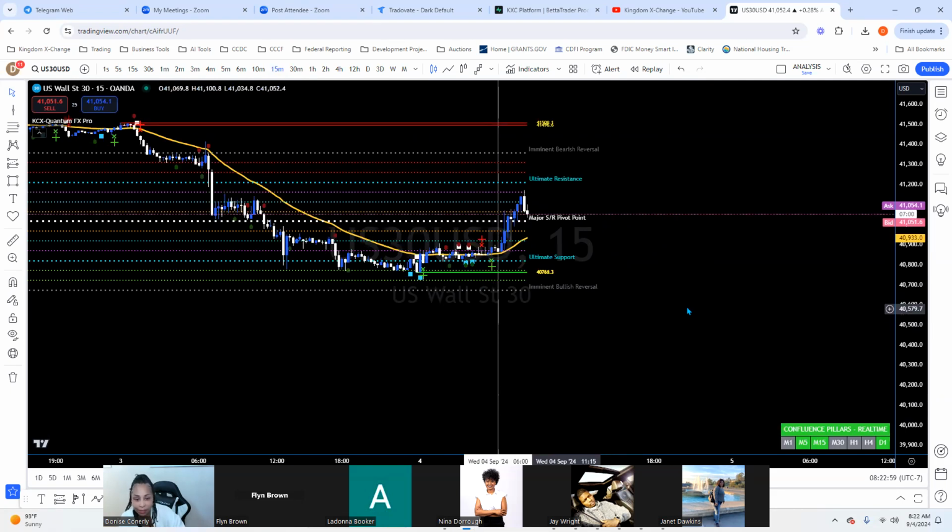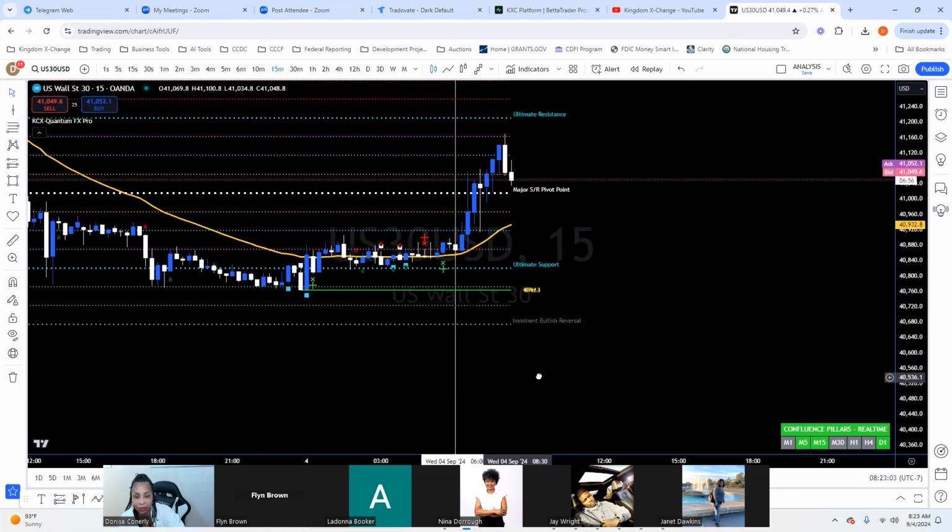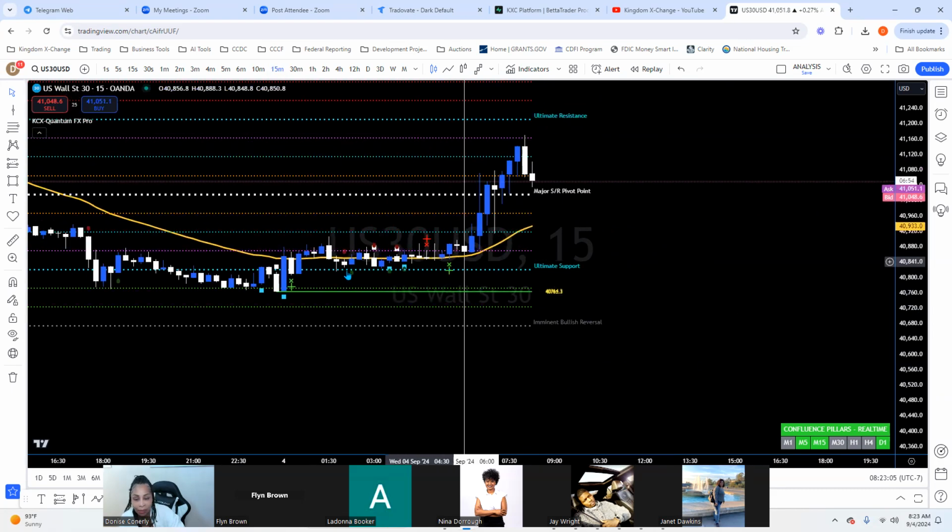So what I'm looking for on this 15-minute is the same thing that I looked for there. I want to see that I've gotten a signal to entry that is above the price line, right? I want to wait for it to come back and test this price line or this signal.